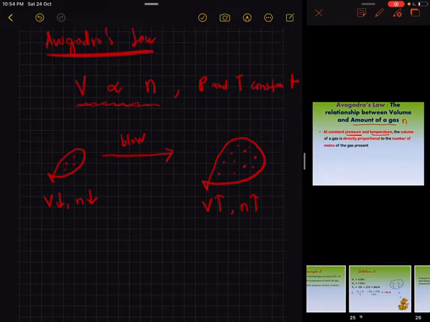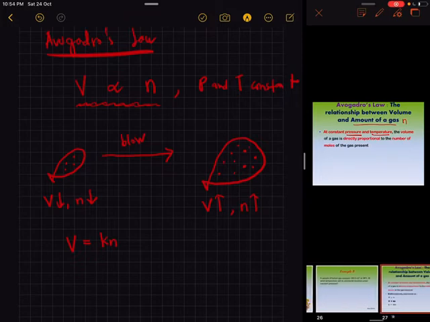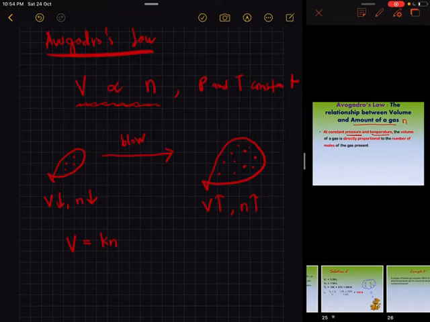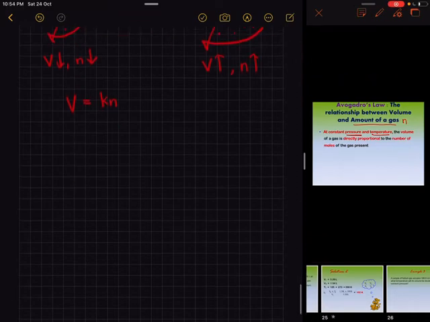Alright, so when you insert the constant, V equals K N. So when you plot the graph, of course you will get a straight line graph. Alright, so at two different conditions, V equals Kn.